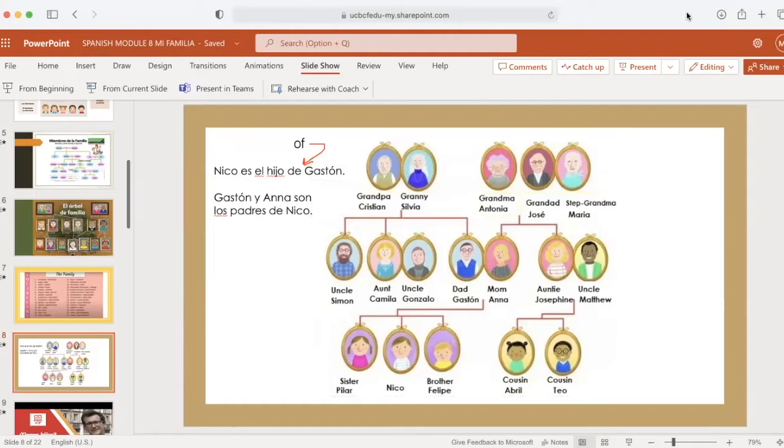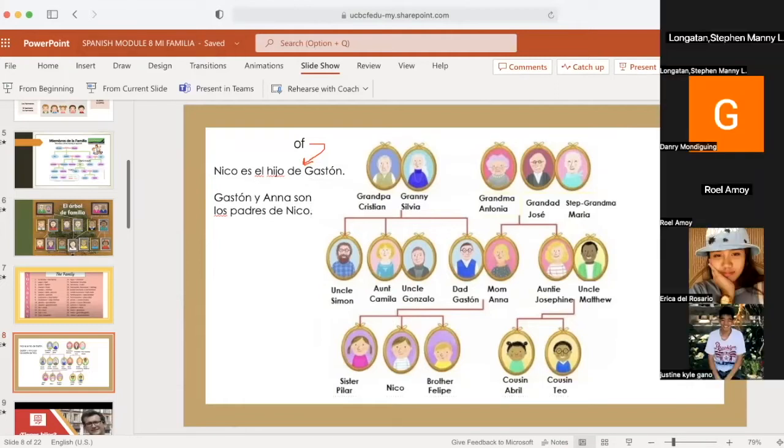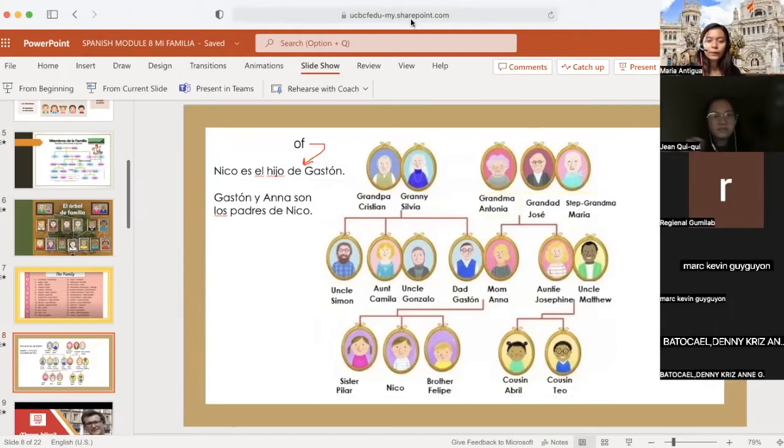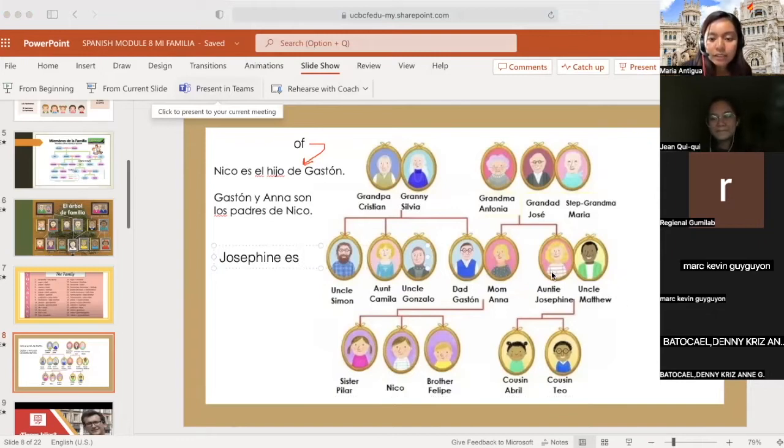Okay, are we clear? Let's cite another example. Before you give your own example, as part of your attendance. Who will we choose? Let's say Josefine es la tía de Pilar.